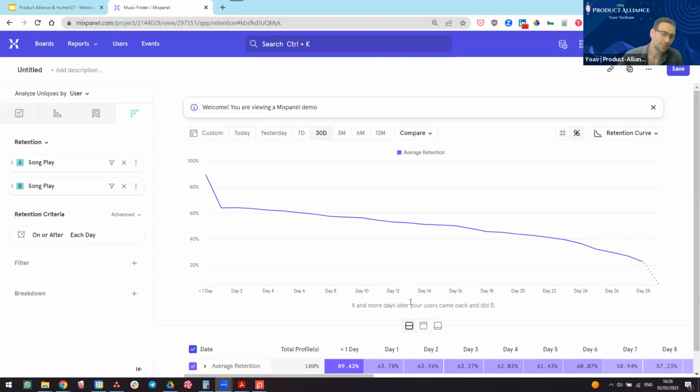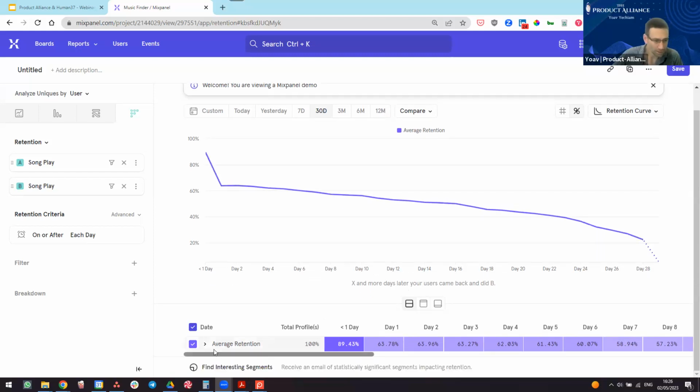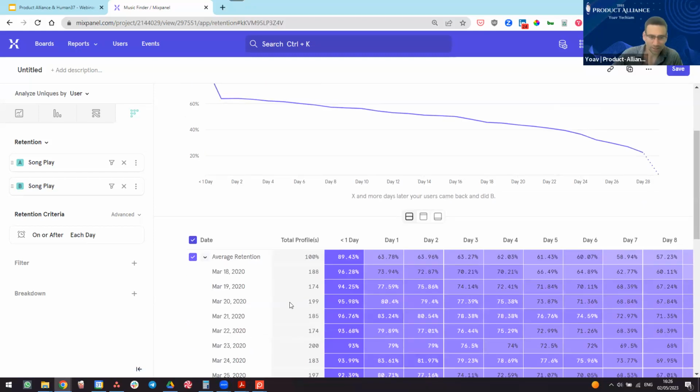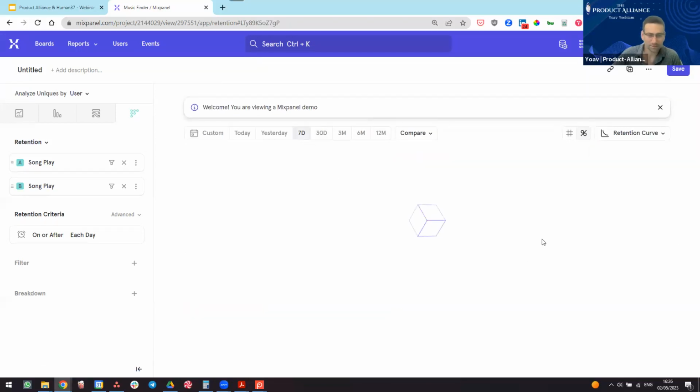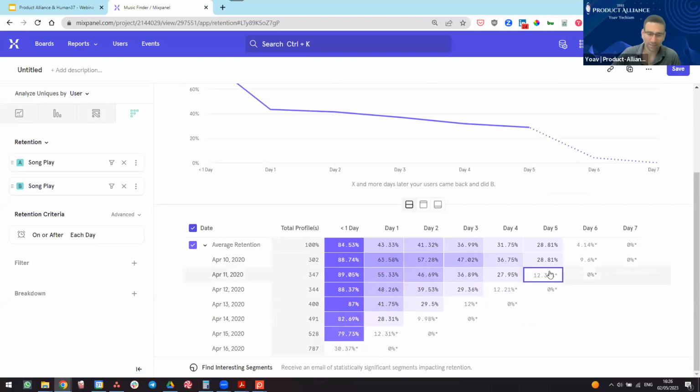One of the things about the retention report is the famous diagonal, which I'll show here when we're looking at 7 days. There's this diagonal diagram, and people don't quite understand why we need it. Why is there a diagonal?